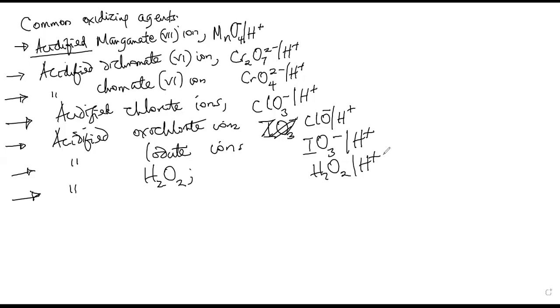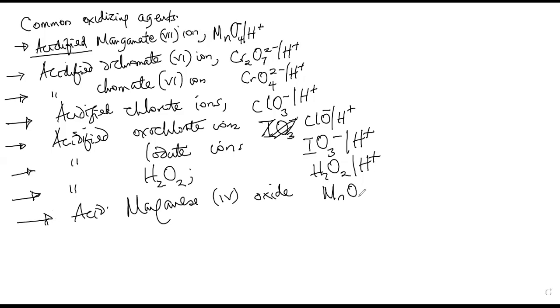Then we've got what we call acidified manganese 4 oxide. We write acidified manganese 4 oxide as MnO2, H plus.